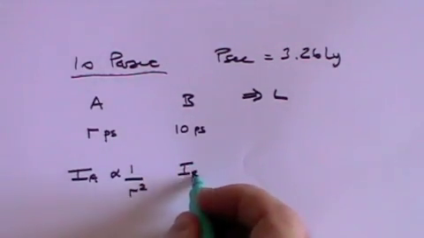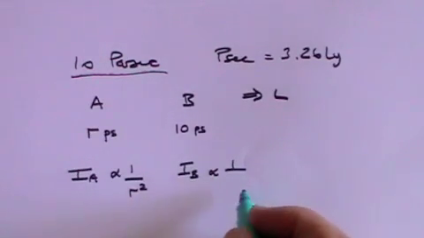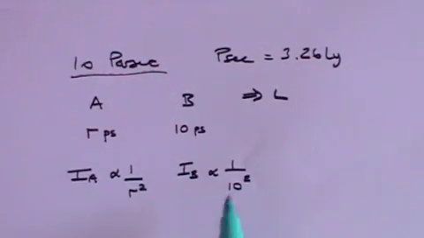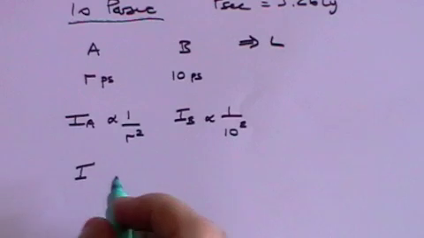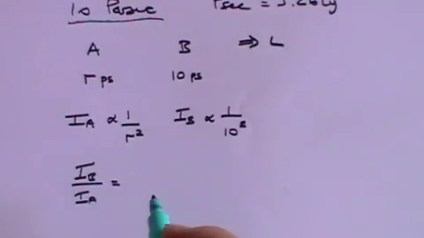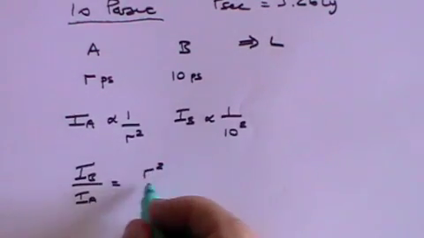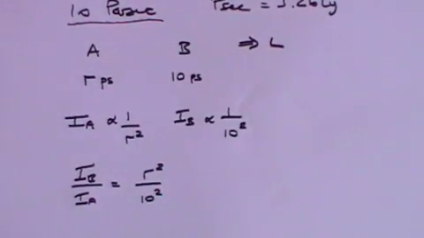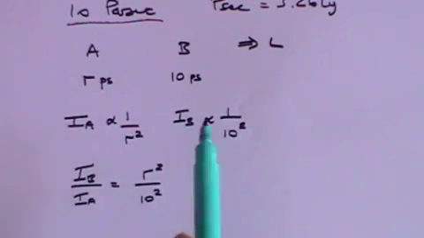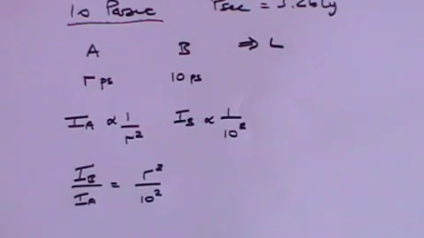Whereas the intensity of the B star will be proportional to 1 over 10 squared, because 10 is the distance that the star is away. And since the constants of proportionality will be the same, if you take IB divided by IA, that will equal r squared over 10 squared.